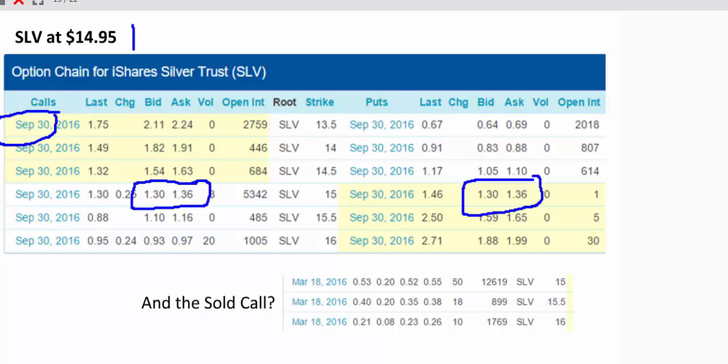So this is our debit. Let's say we are paying 1.34. Okay, so that's minus. And here's our sold put. Let's say we got that for 1.32.